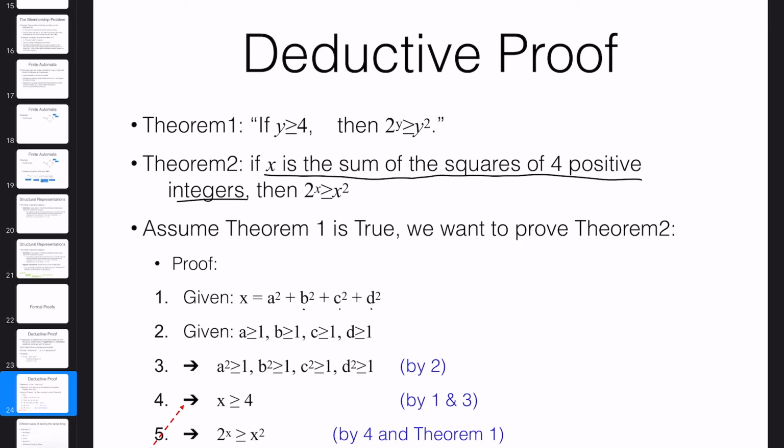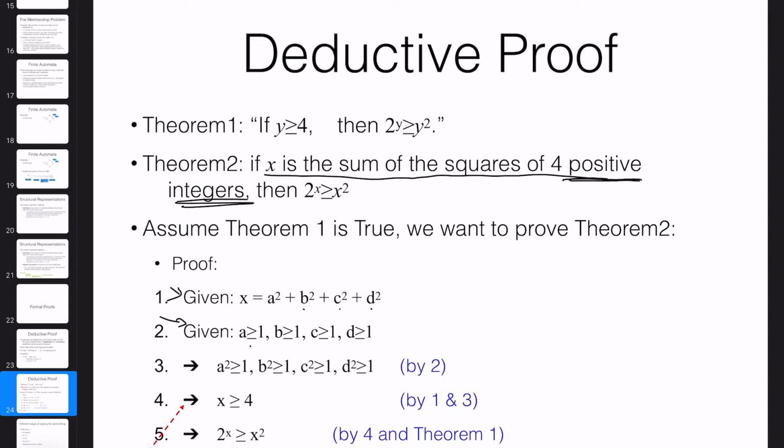And the other part of the hypothesis is that A is an integer greater than or equal to 1. It tells me that all of these numbers A, B, C, and D are positive integers, right? If it is a positive integer, it should be greater than or equal to 1, right? So this is a part of the hypothesis. This is also a part of the hypothesis.